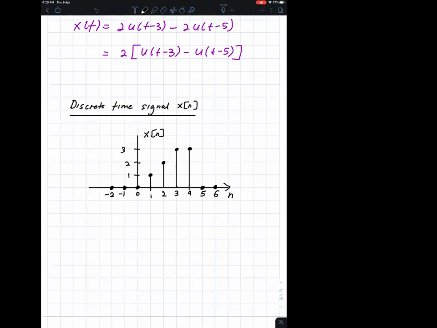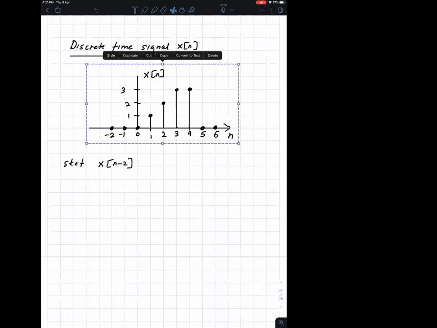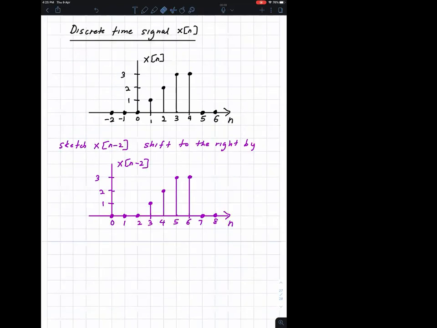Now, how do you sketch x(n minus 2)? The whole thing is going to be moved to the left or right by 2. To the right. Okay, good. Next, x(2n).